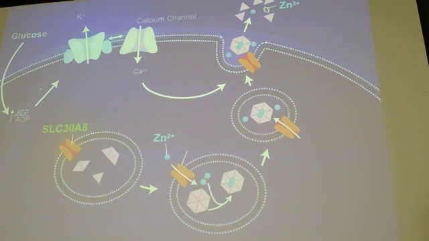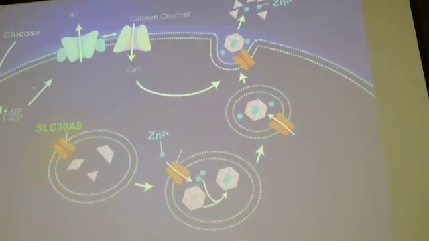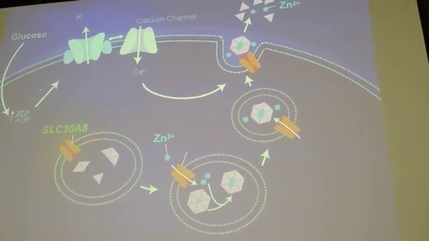So that's a really important function of a gene, and the genetic variations that were discovered influenced the function of this transporter, so it resulted in reduced zinc transport into the vesicles and impaired insulin release.